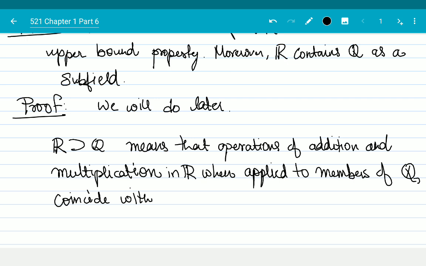So it is more or less saying that we can extend our field Q to a field R such that all the rules that we had in Q, the properties of Q, should be able to generalize.